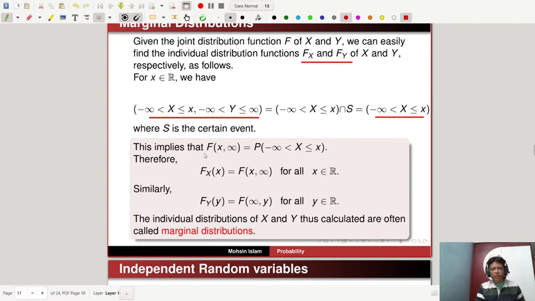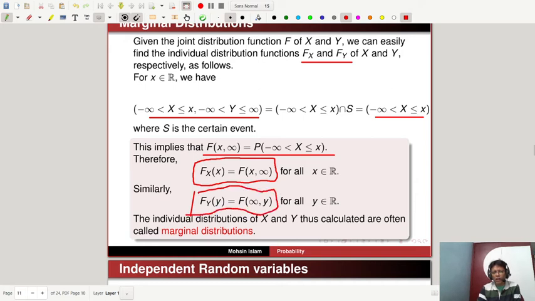That implies that F of x comma infinity can be written as the probability of minus infinity less than X less than or equal to small x. Therefore, the new notation is Fx equal to F of x comma infinity. And what is F of x comma infinity? It's nothing but the individual distribution function of x for all x belongs to R. Similarly, you can define Fy, the individual distribution function of y, and these individual distribution functions of x and y are called marginal distributions.